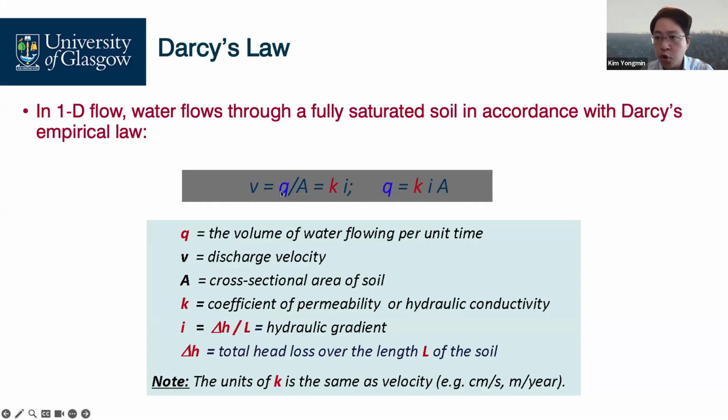The flow rate, small q, equals KiA. Again, q is KiA. K is the permeability, i is the hydraulic gradient, A is the cross-sectional area perpendicular to the flow.